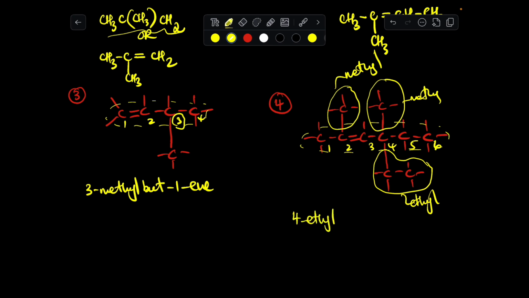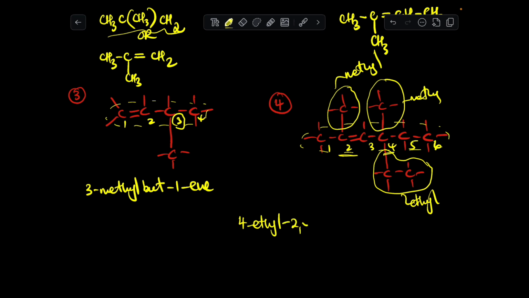You're stating where the ethyl is, because you go in alphabetical order. You start with the E. The E comes before M. So it's going to be 4-ethyl, and then you state the methyls. The methyls are at 2 and 4.